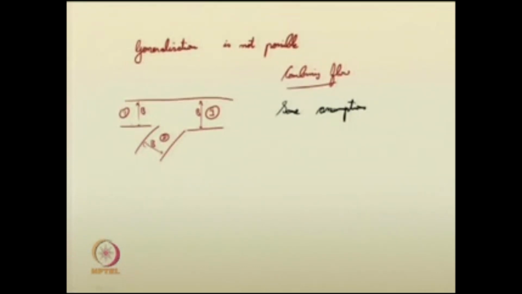Some assumptions which we can incorporate in one particular type of analysis are that flow occurs from channel 1 and channel 2 and merges in this junction and goes through channel 3. This is one assumption, meaning there is no reverse flow occurring there.